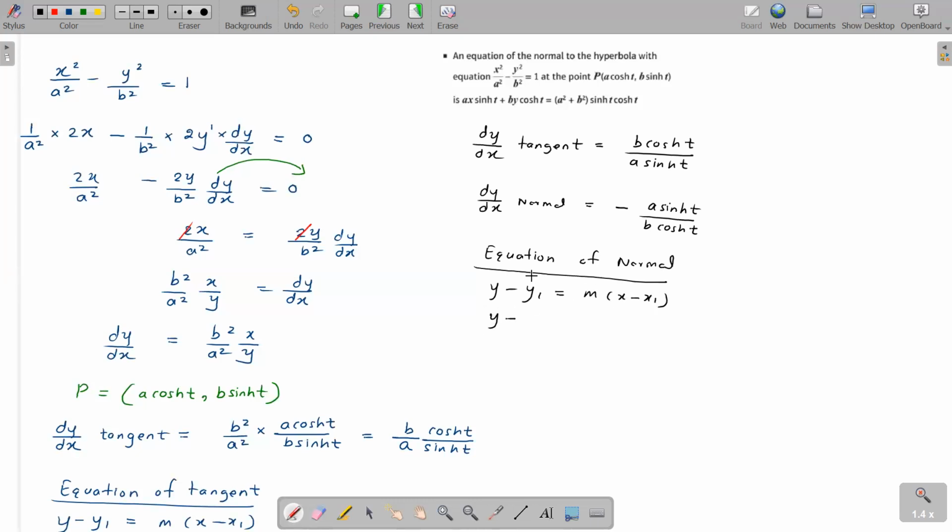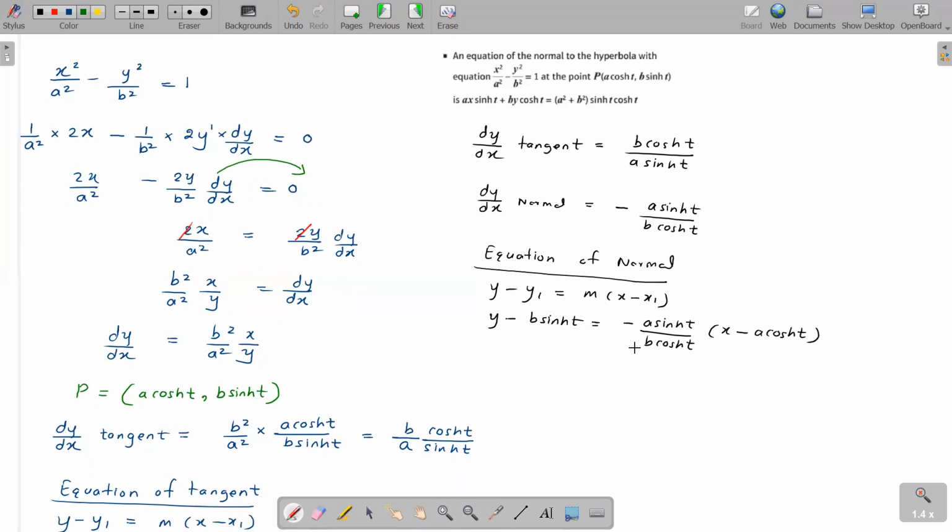So y minus y1 is, the point is the same, right? b sin t. Gradient is minus a sin t over b cos t. X minus x1 is, what is x1? x1 is a cos t.